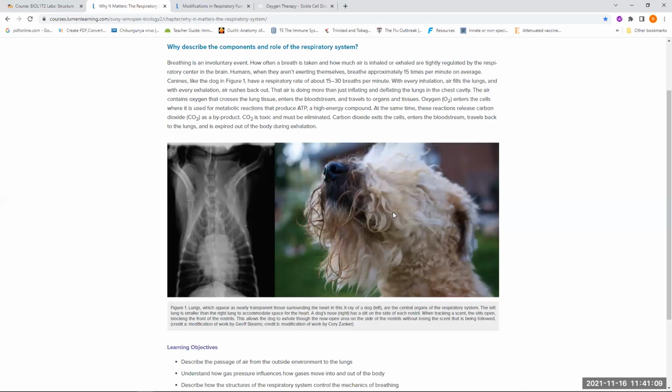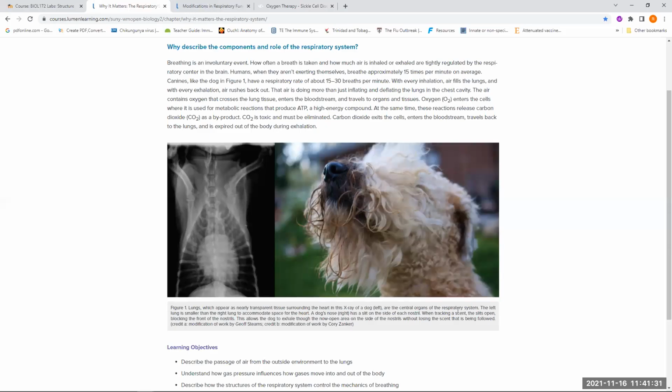In my reading, I recognized this fact: dogs actually have slits on the side of their nose, so that when they pick up a scent, they can breathe out of the side of their nose, so that when they're taking in the air, sniffing, it doesn't interfere with tracking the scent.